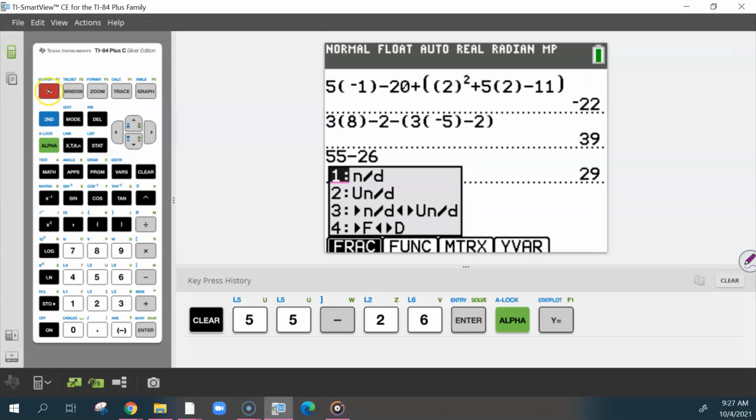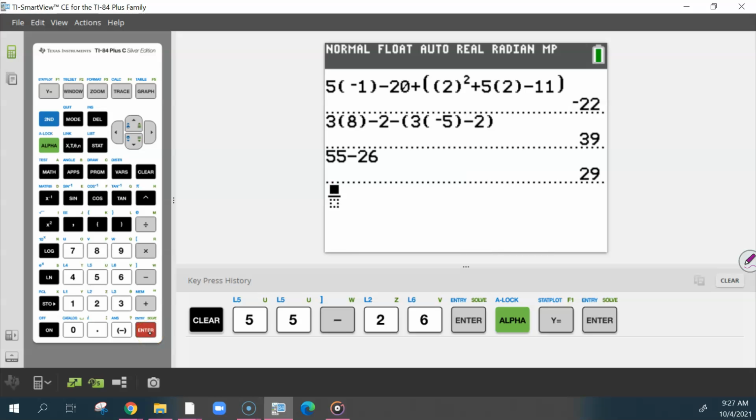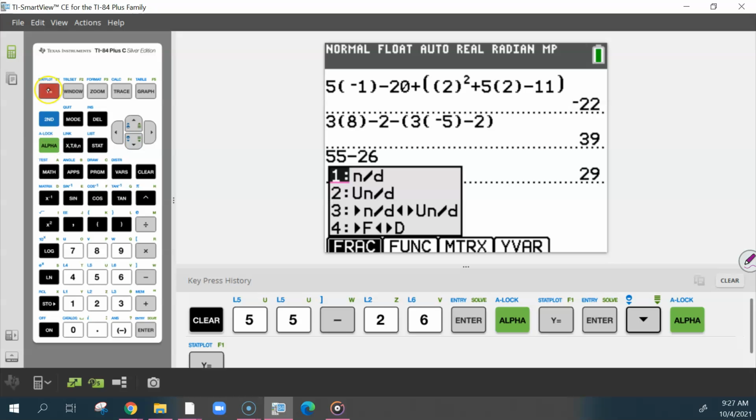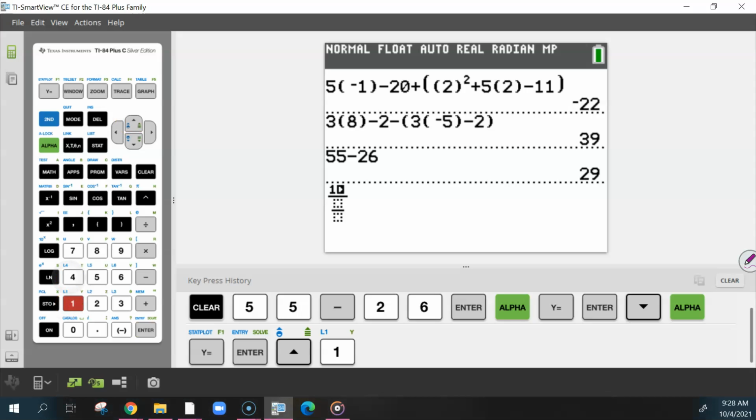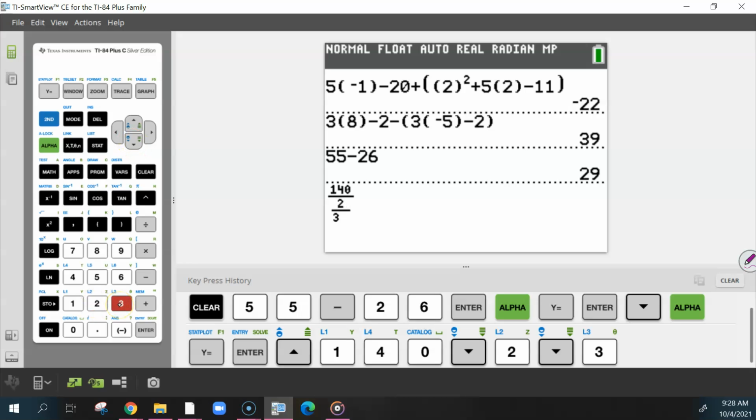So I'm going to put a fraction. And then I'm going to go to my denominator, and I'm going to add another fraction. So it looks like that. And then put all that in. So alpha y equals with your fraction bar. I'll do it again.